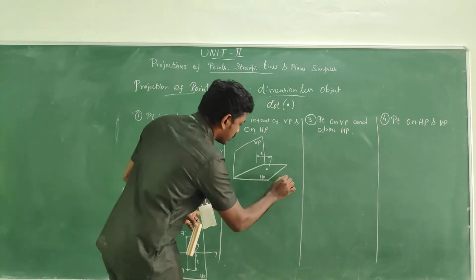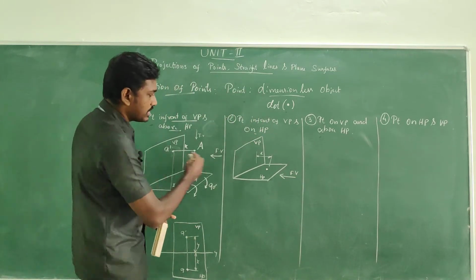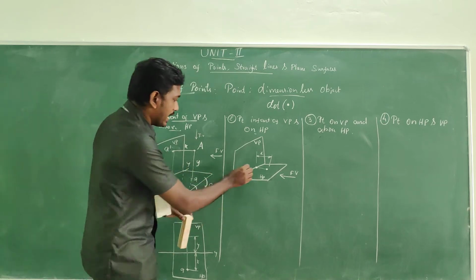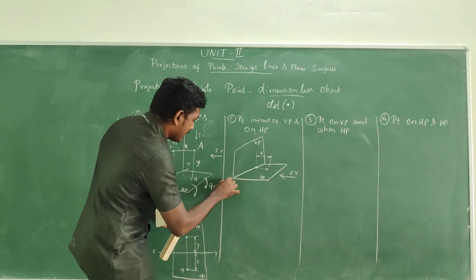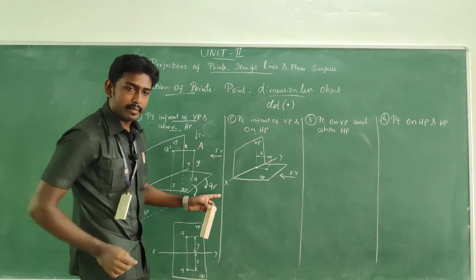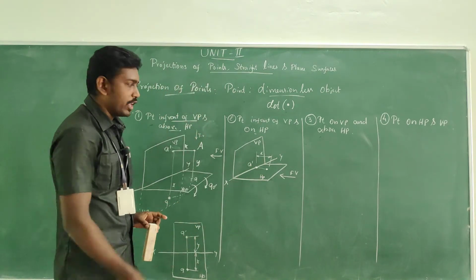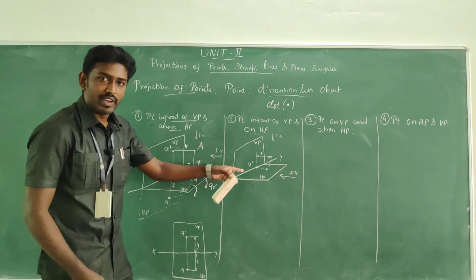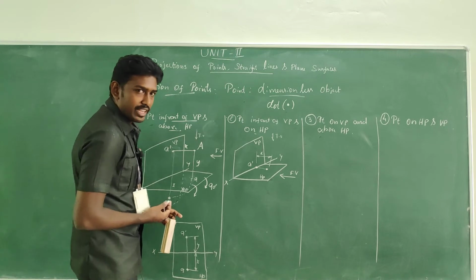So if it is the position, what about the front view? It throws the image, but since it is on HP, it traces the front view on the reference line. If I take the separation as XY, it takes the position on the reference line. This is your front view A dash. When you are looking from the top, in order to capture the top view, where will the image trace?